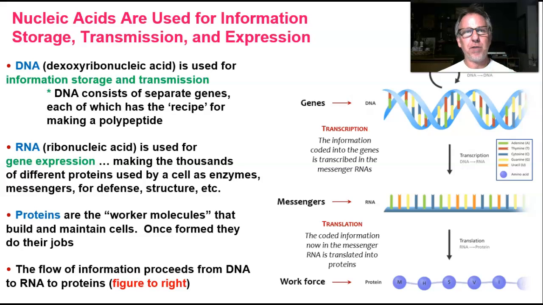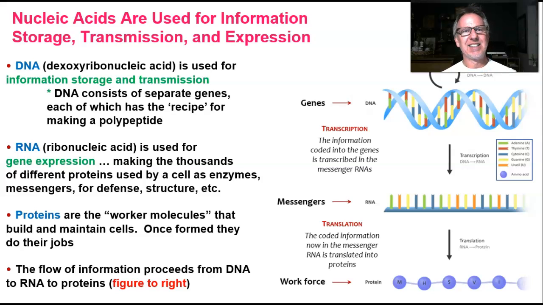Now, when cells divide and make new cells, or when organisms reproduce and make offspring, that information needs to be passed on to the new cells. So the new cells know what to do. It needs to be passed on to organisms or offspring to be able to build their bodies. And that's what transmission refers to.